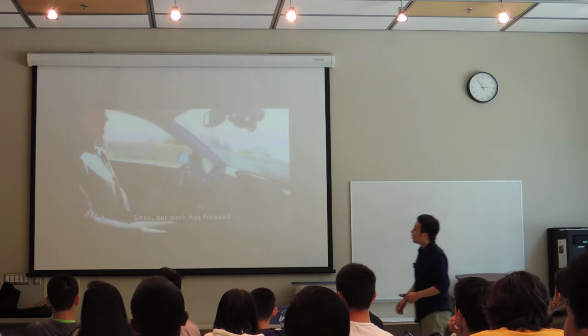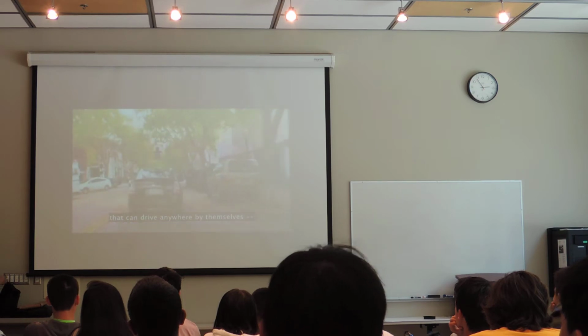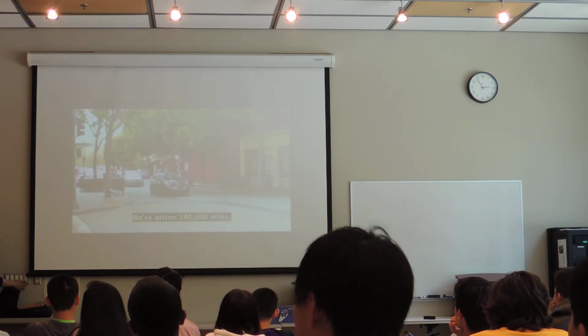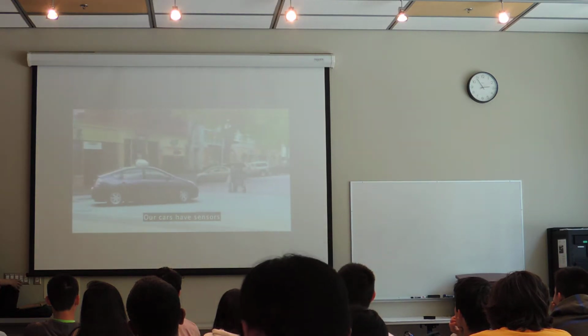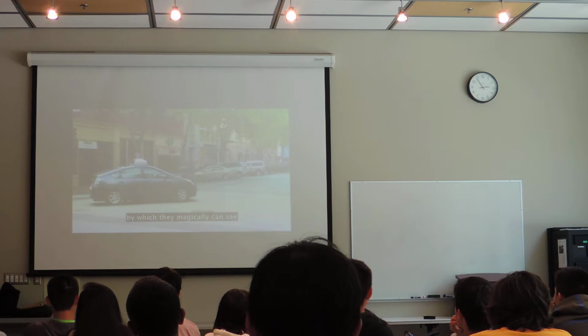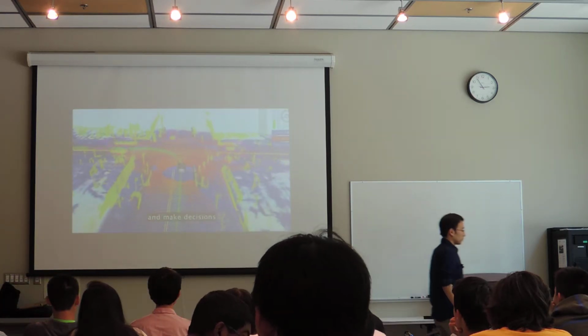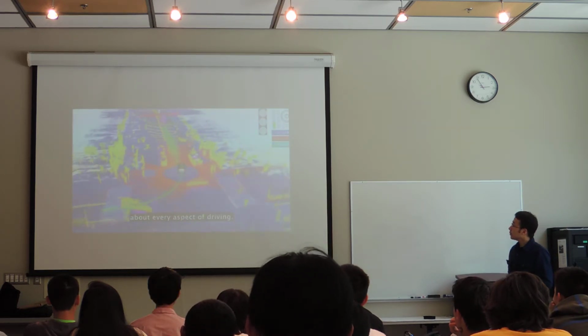Our work is focused on building driving cars that can drive anywhere by themselves, any street in California. We've driven 140,000 miles. Our cars have sensors with which they magically can see everything around them and make decisions about every aspect of driving.